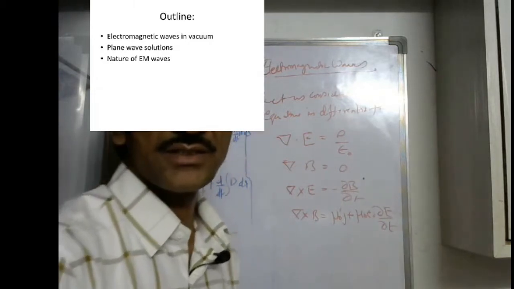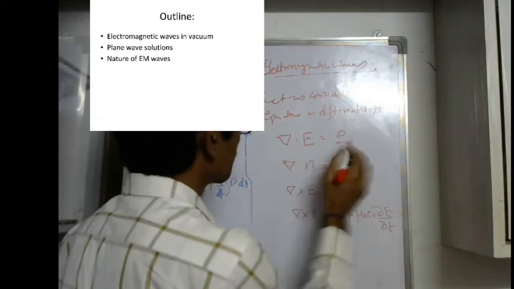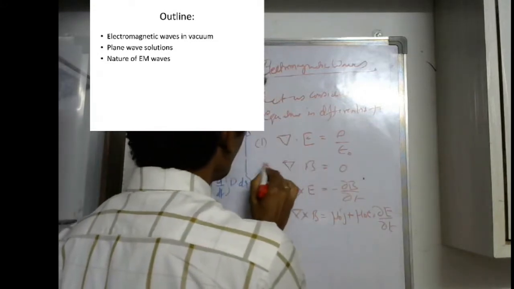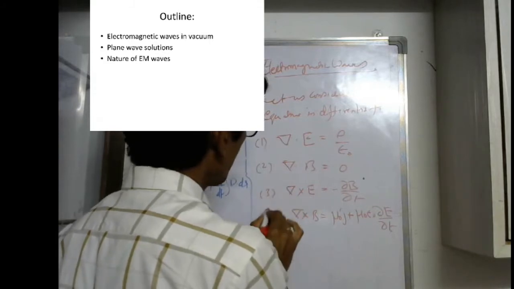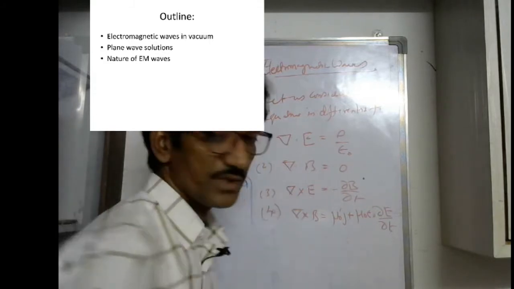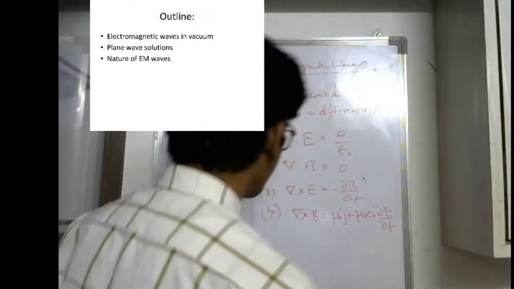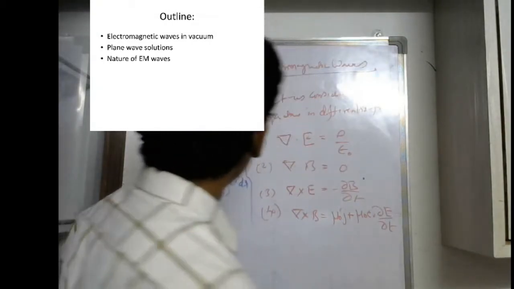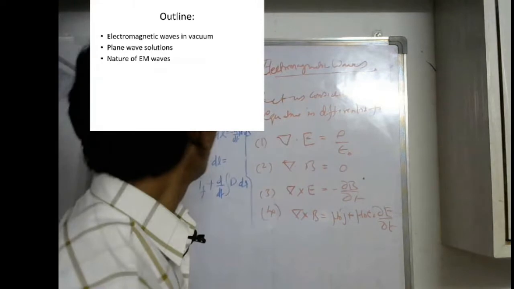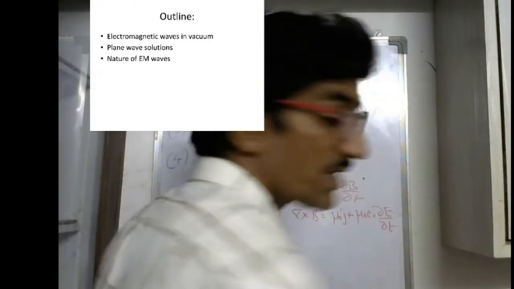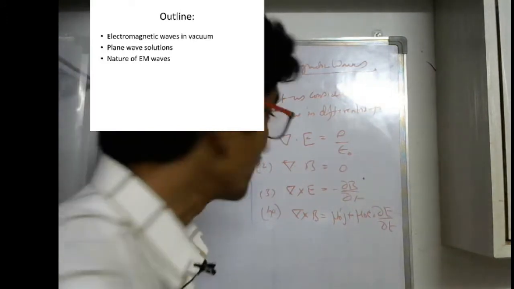These are the four Maxwell's equations in differential form, which we already derived in the previous lectures. On the other side you have the different integral equations, but we do not consider them. We will start from the differential form of Maxwell's equations.